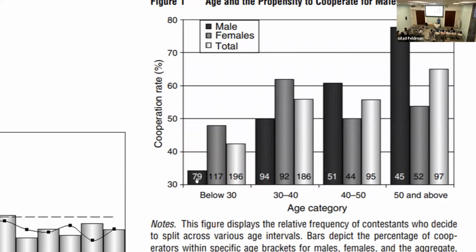The males go from something like 35 to almost 80, which is very, very curious. Maybe you have some hypothesis of what can cause this thing, but it's interesting. The change is not that big for women. It seems like during their 30s, they go through a little bit more trust, but then they lose all that trust.